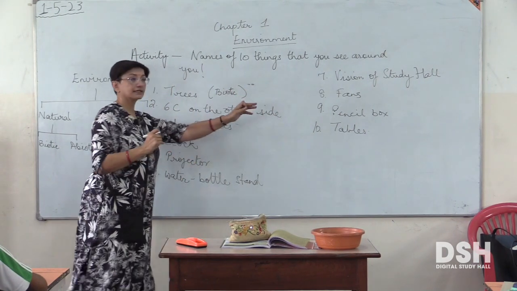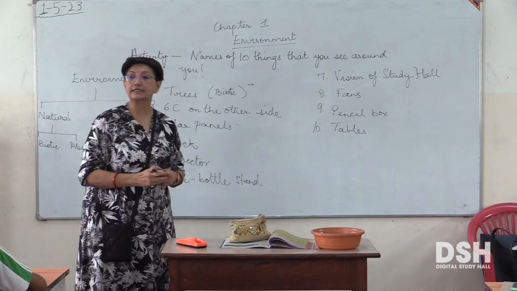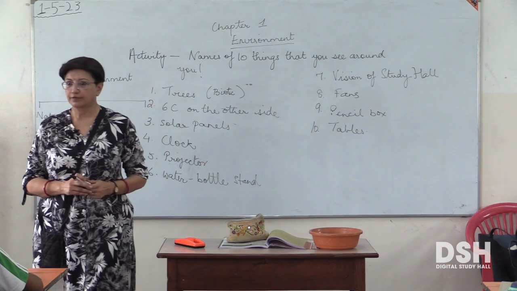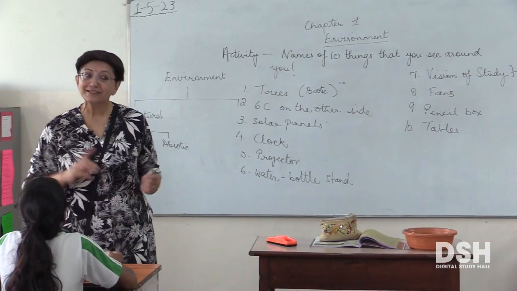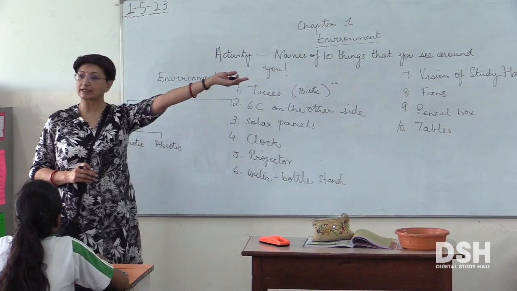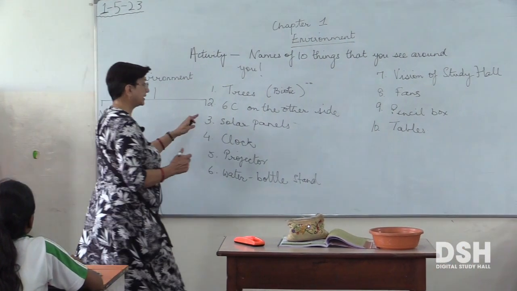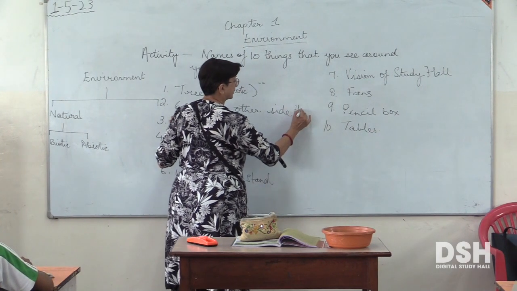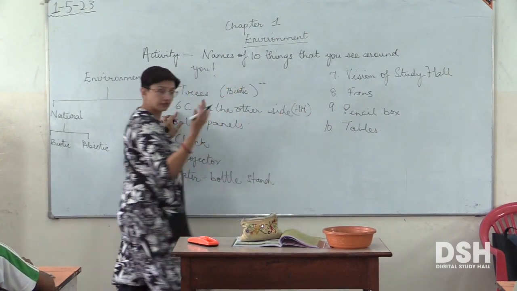Now, 6C on the other side, who created that 6C? That's man-made. That's not natural. It was not made by nature, beta. That class is constructed by human beings. So this becomes human-made, HM.